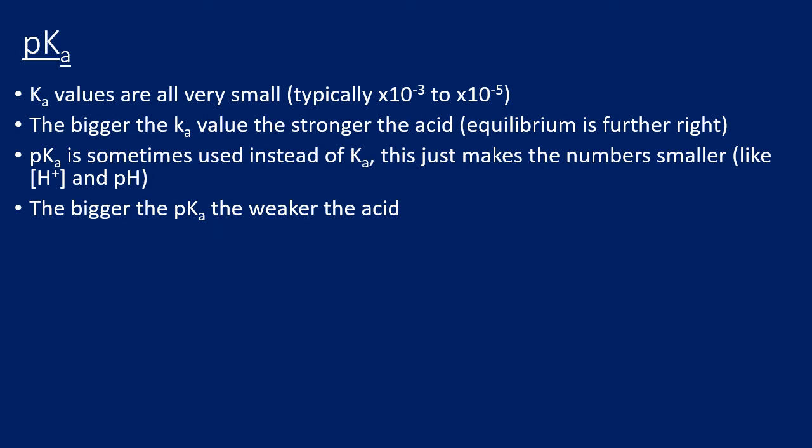The bigger the Ka, the stronger the acid, and the smaller the Ka, the weaker the acid. The reverse is true for the pKa. If you don't believe me, have a play about with your calculator and find out. A large pKa means a weaker acid, and a small pKa means a stronger acid. And that's how you can convert between pKa and Ka, just as you did with pH and H plus concentration.